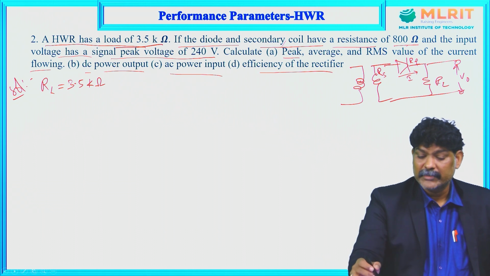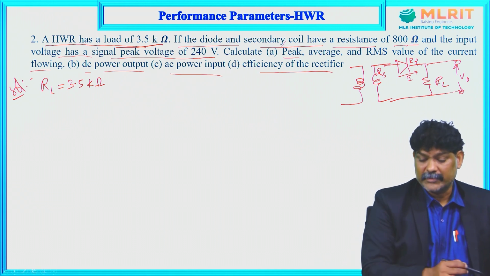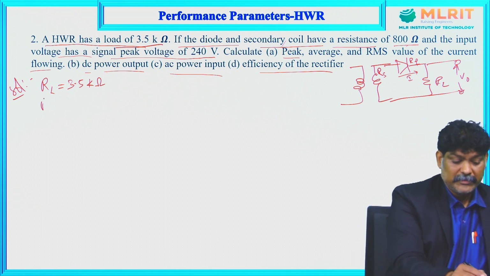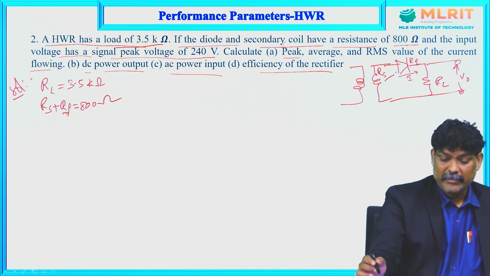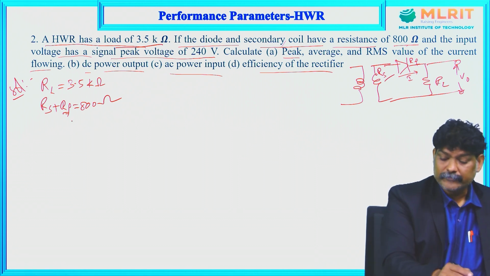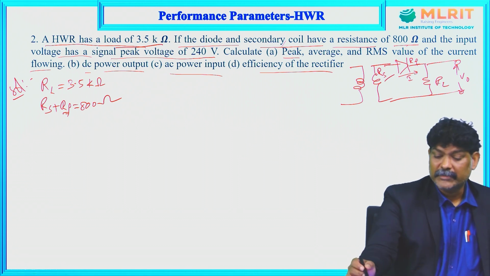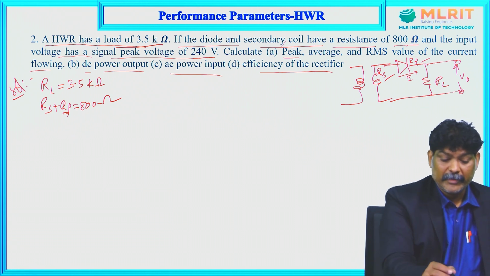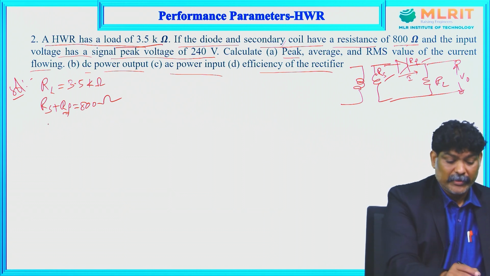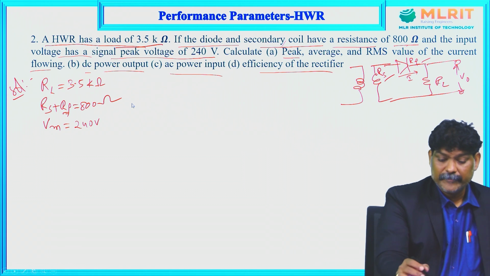So we need to consider all three resistances of the circuit. The secondary resistance of the coil and RF, the forward resistance of the diode, combinedly are given as 800 ohms. What else is given? We are given a peak voltage of 240 volts. That means VM is given as 240 volts.